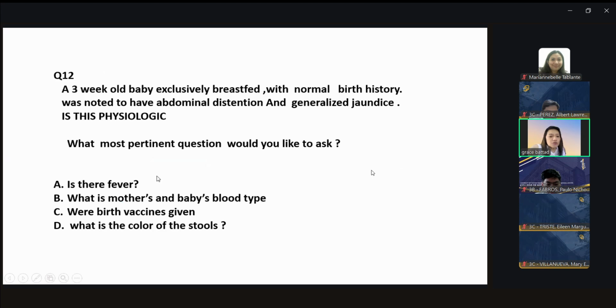So, what questions would you like to ask? Maybe if you're trying to look for a systemic problem like sepsis, yes, that's a correct question. ABO, that's too late already. Hepatitis B, maybe not. So you have to ask for the color of the stools.